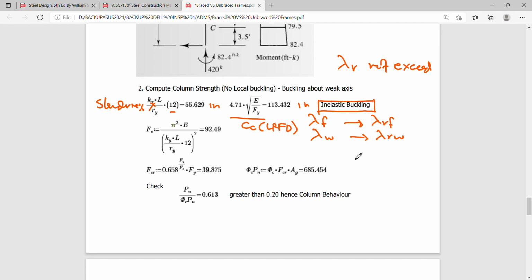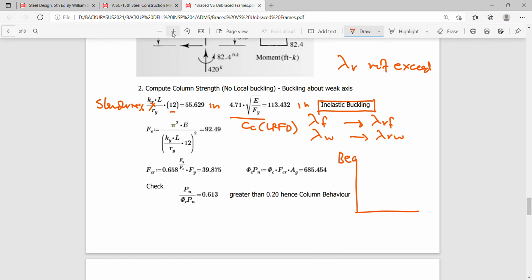Take note that if we look into the beam moment strength curve, if we consider the moment versus the strength relationship, sorry, I'm talking of a column strength curve.